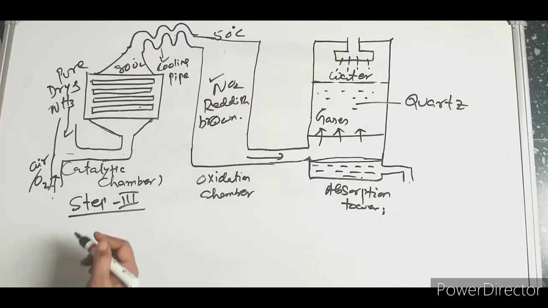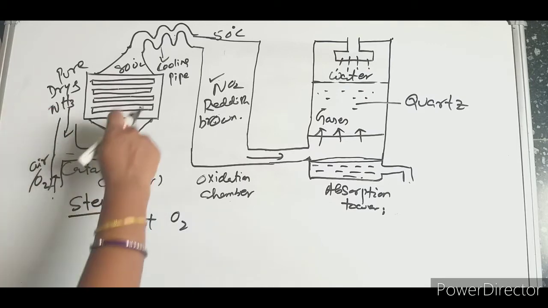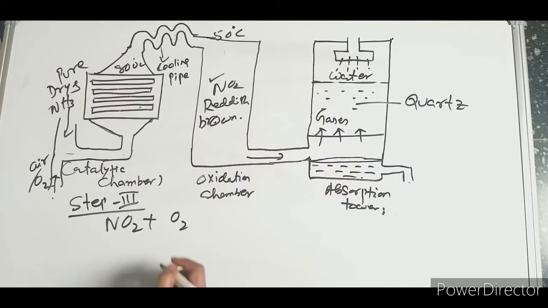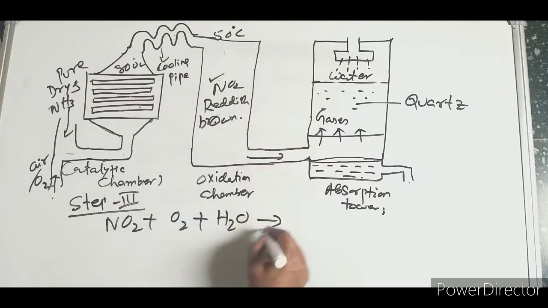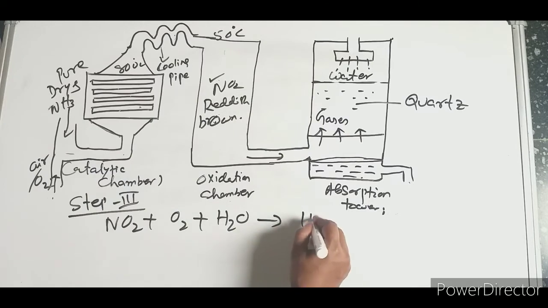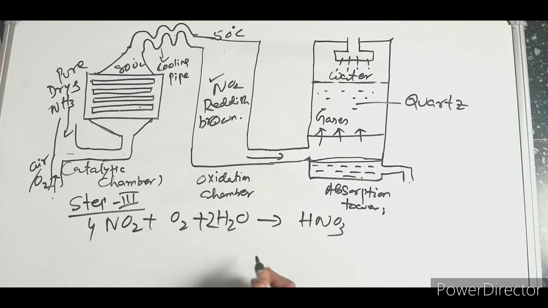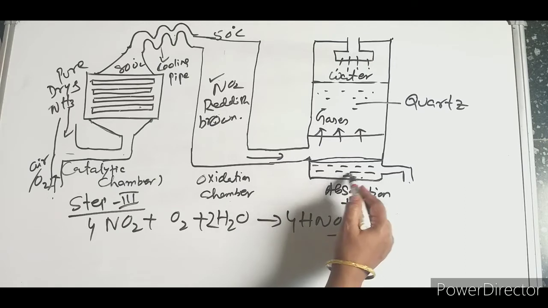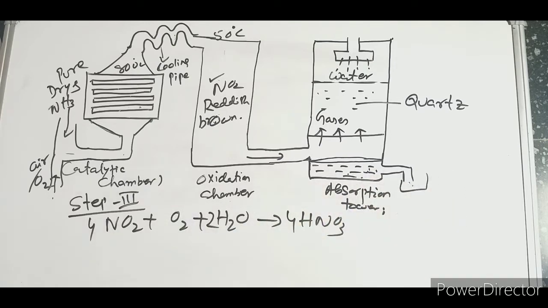So here NO2, in presence of oxygen, because air is continuously going along with the gases, with water, because water is sprinkled from there, it is absorbed. So we are getting HNO3: 4NO2, 2H2O and O2 giving 4HNO3. Here we are getting HNO3 and it can be taken from outside by the tap.